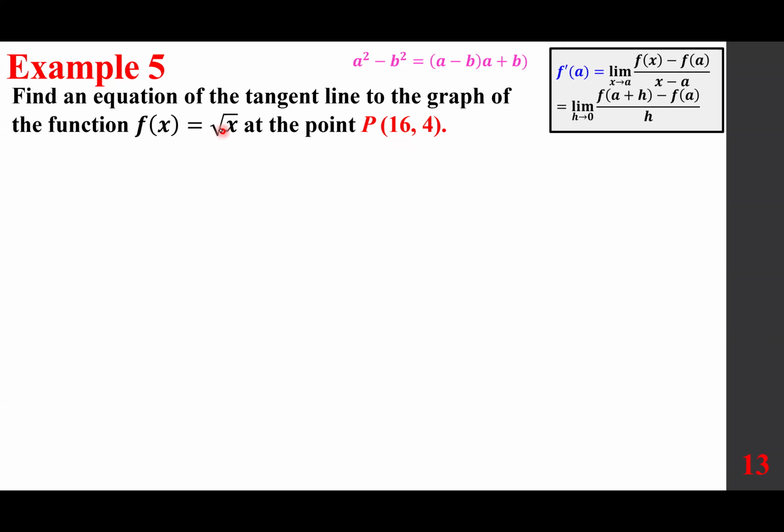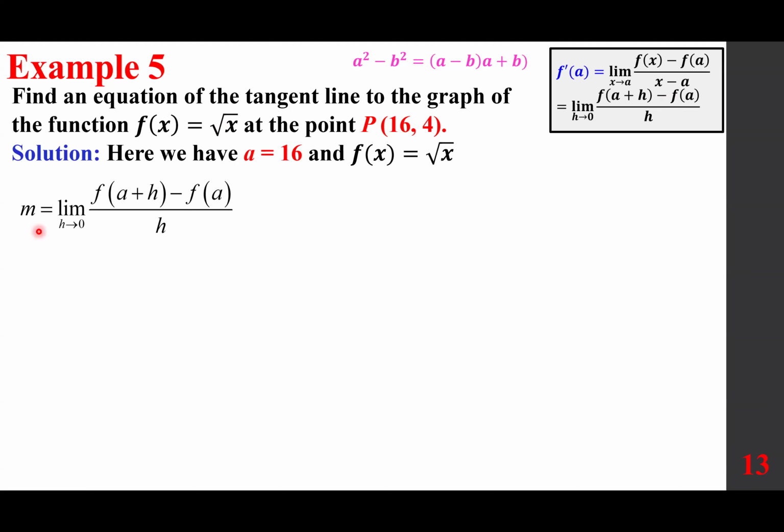So in this case, we have to come up with the slope, which requires differentiation. And so a is 16, f of x is square root of x. And we are going to use one of those. In fact, again, I'm going to use 2 for practice, but for now, m is the limit of f of a plus h minus f of a over h as h approaches 0.